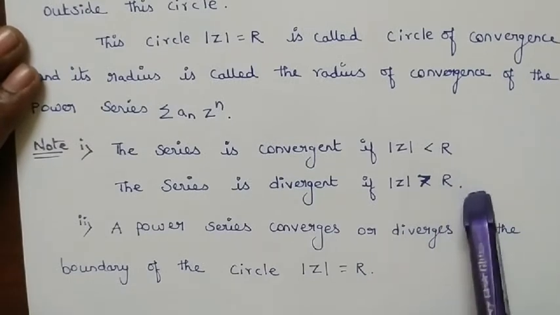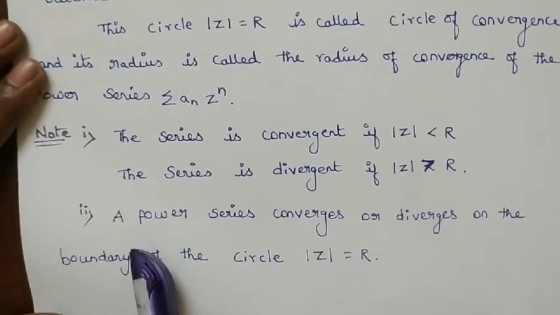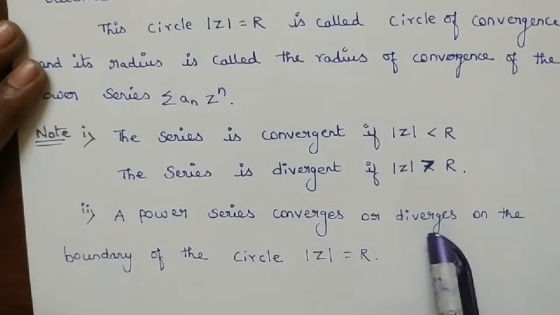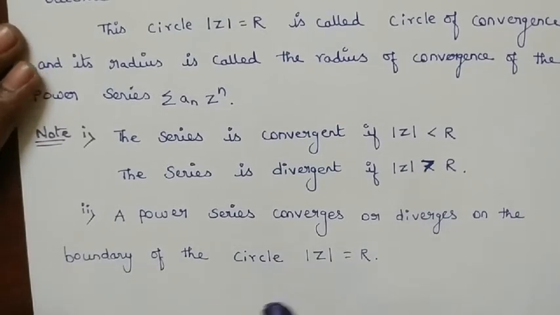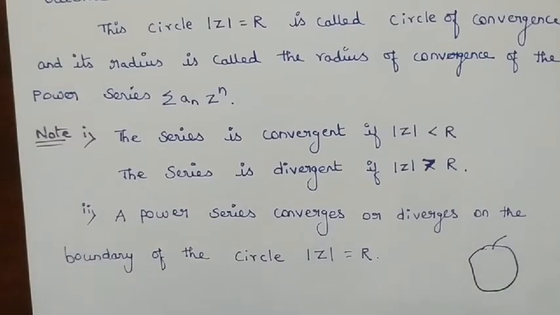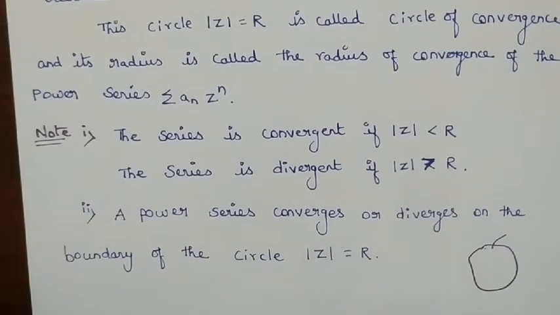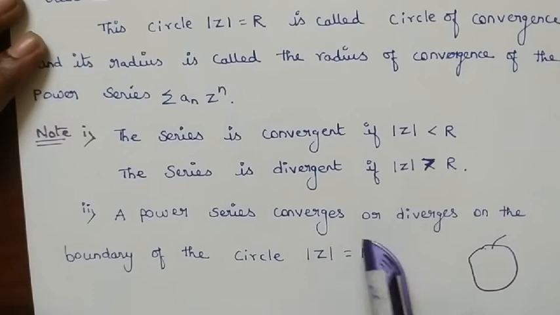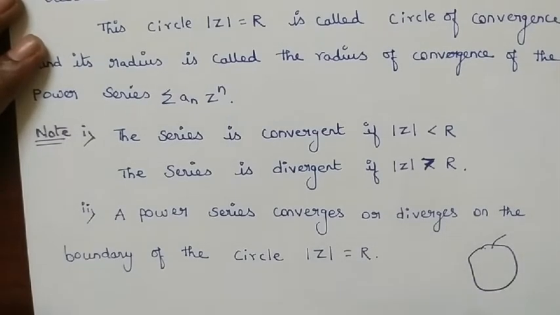R is known as the radius. A power series may converge or diverge on the boundary of the circle. On the boundary of the circle, the series may be convergent or divergent.